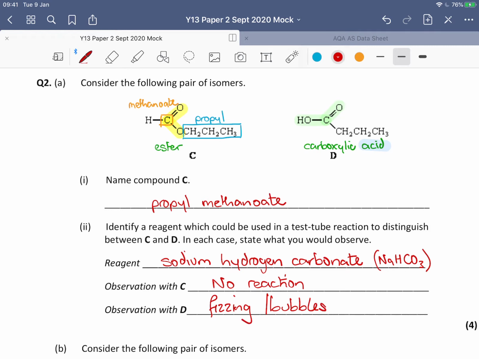You do not have to run it through lime water to show it's carbon dioxide. It's useful to know that as a technique, but when it's about identifying a reagent that is a weak acid or an acid and something else that isn't, you don't have to do the lime water part of it. You just need to recognize that there's fizzing or bubbles. Okay.